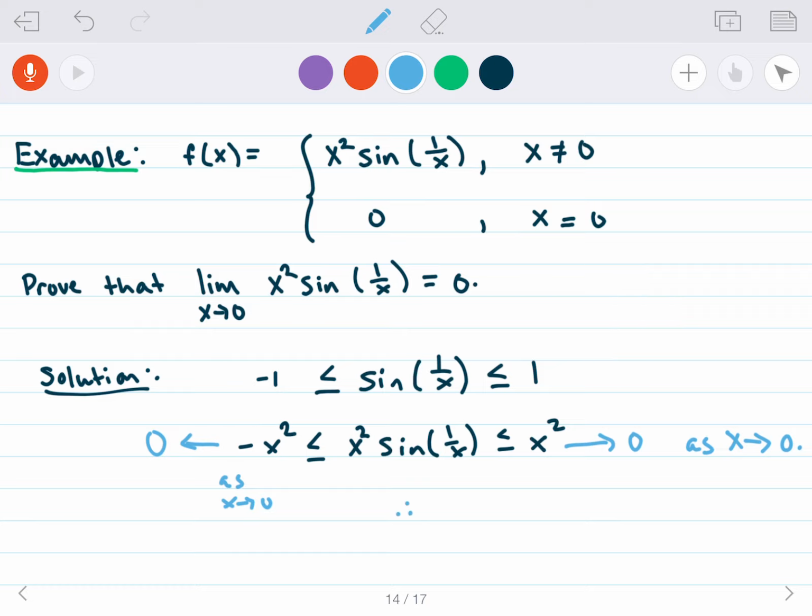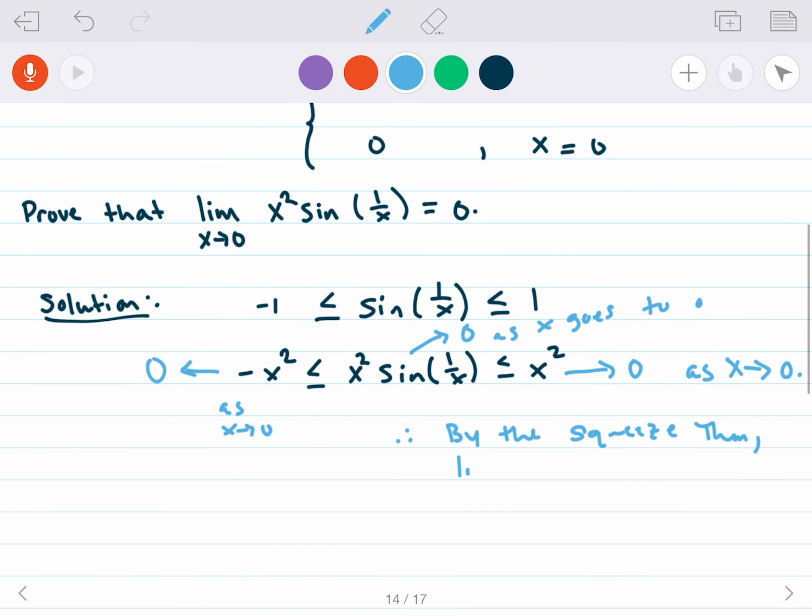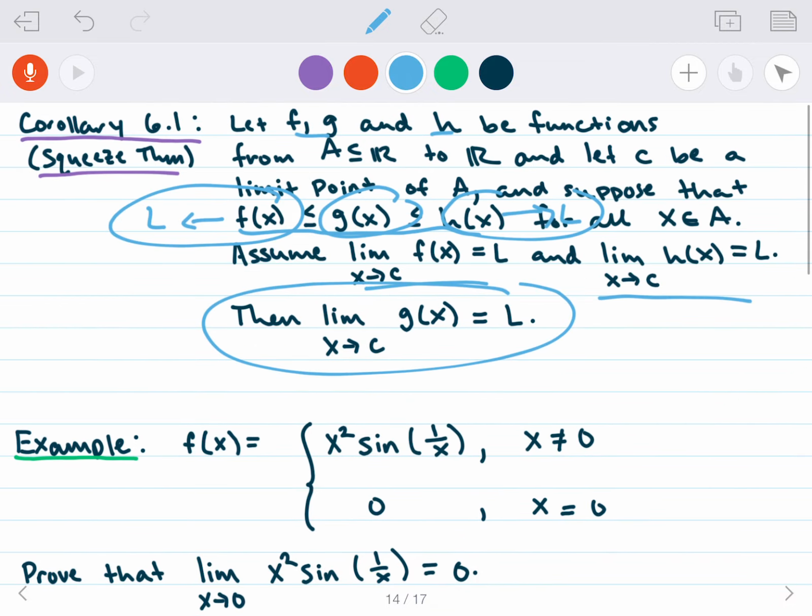And therefore, by the squeeze theorem, that middle portion has to go to 0 as x goes to 0. So by the squeeze theorem, we have that the limit as x goes to 0 of x squared sine of 1 over x does equal 0 as well. Okay, so that's the squeeze theorem.